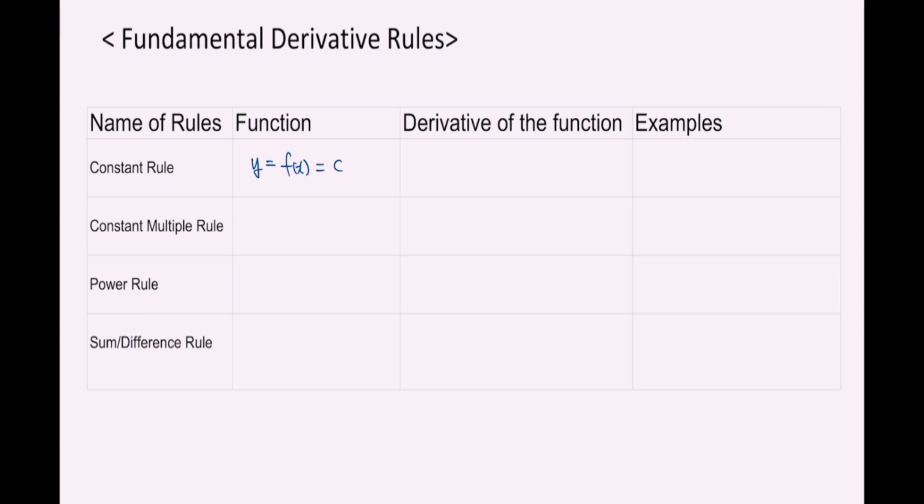Before we look at some examples, there are various ways to express derivative notations, such as y prime, that is the same as f prime of x, and we can write it as dy/dx, which is differentiation of y with respect to x.